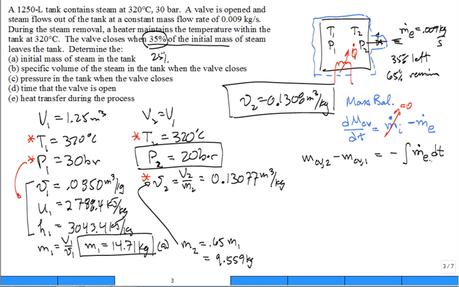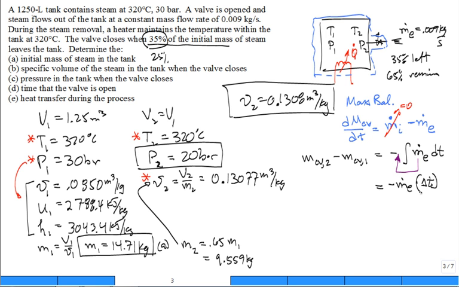Good. You like that math? And because the rate at which it's exiting is a constant, what can we do? Take it outside the integral. Makes it so easy. And so what we have is minus the rate at which it exits times the time. And that's what we're interested in for part D.